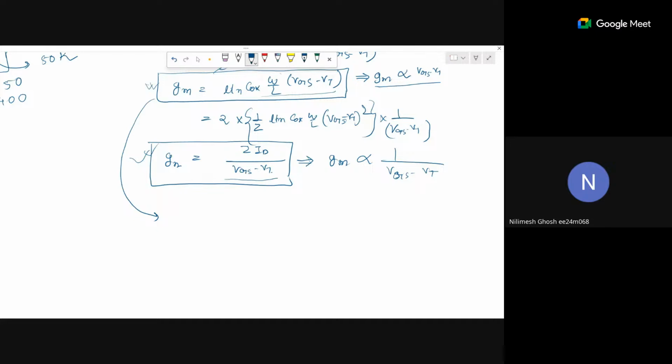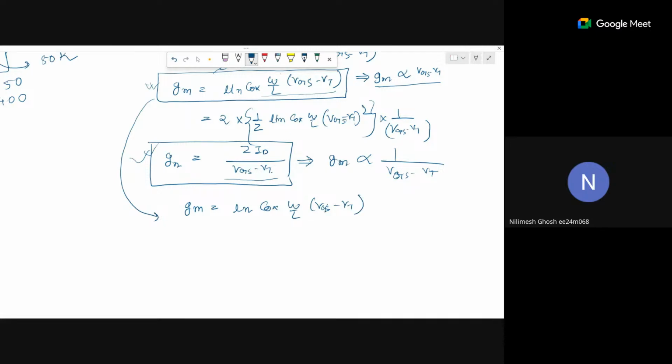Let's do it. So let's say mu n Cox W by L into VGS minus VT.